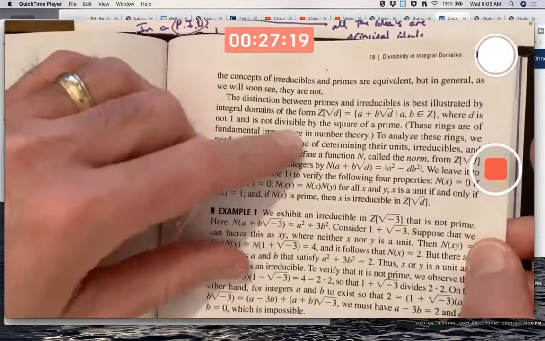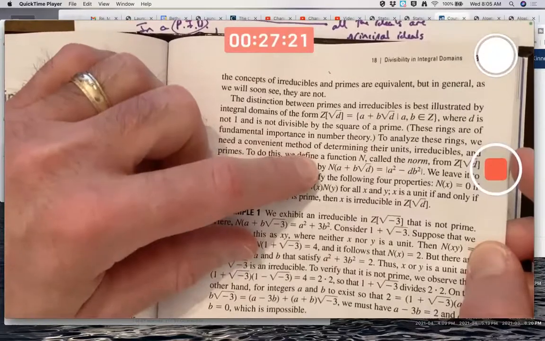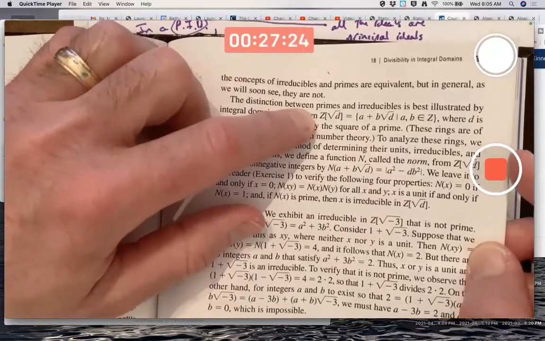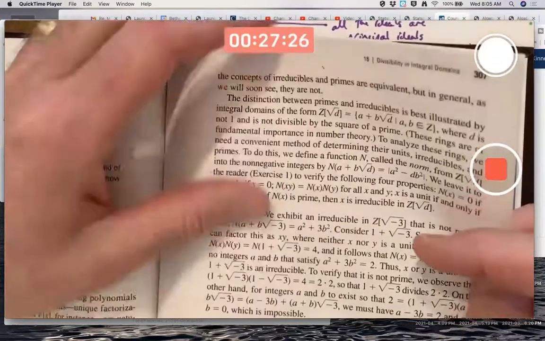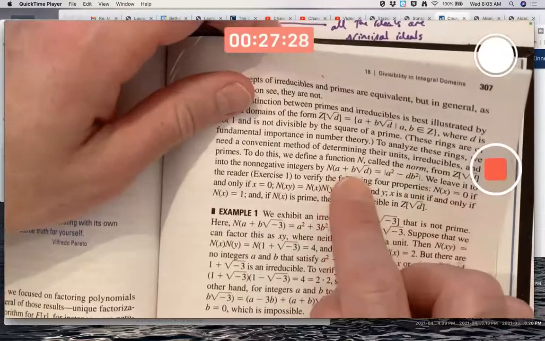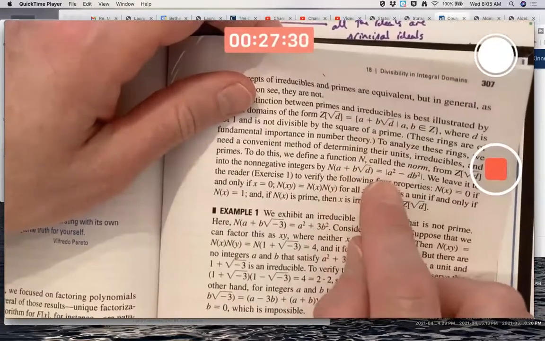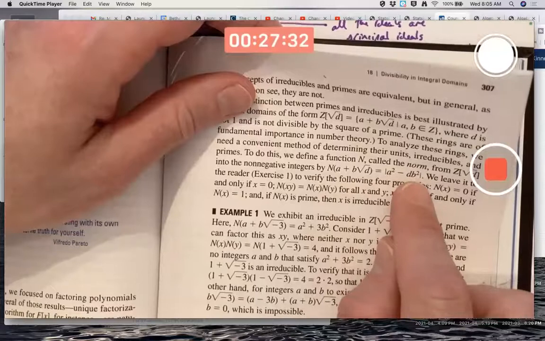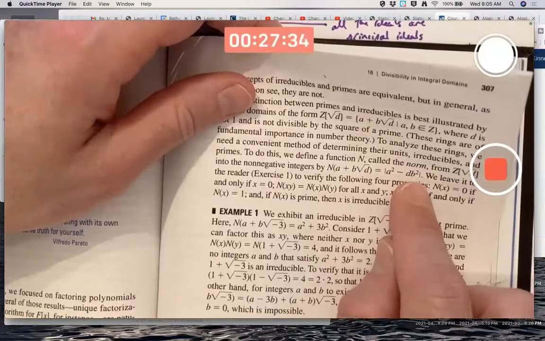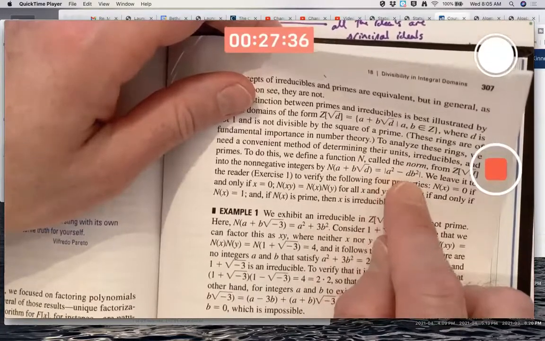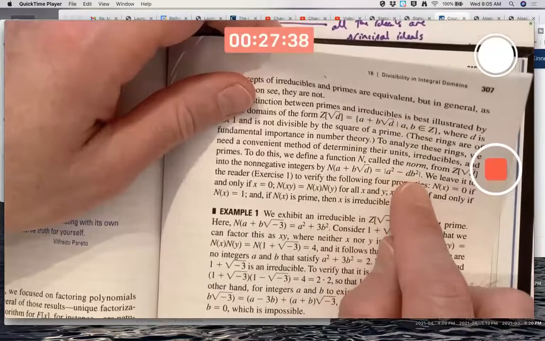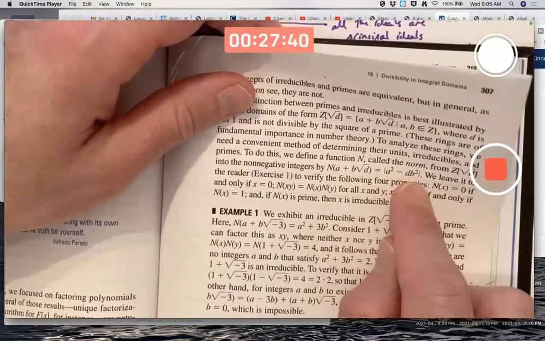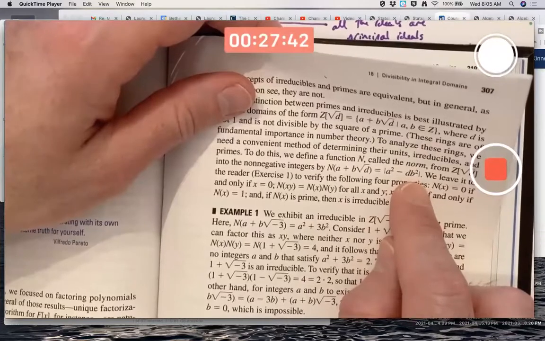In general, the norm in this ring, Z of square root of d, is a function that takes this element of that ring and maps it to this non-negative number, the absolute value of a squared minus d times b squared. For our example, d is -5.